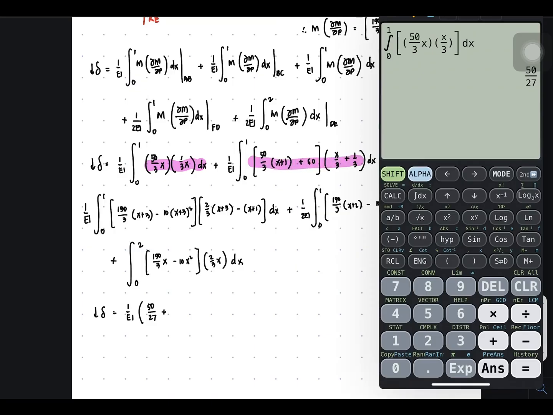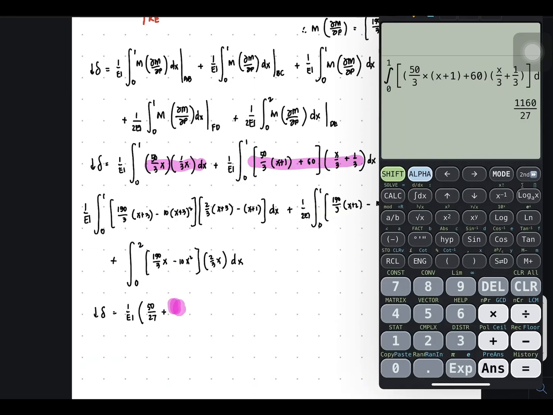These are the 1 over EI terms, and get the integral of 50 over 30 times x plus 1, and then plus 60, and you multiply it with x over 3 plus 1 over 30, and the limit is from 0 to 1.